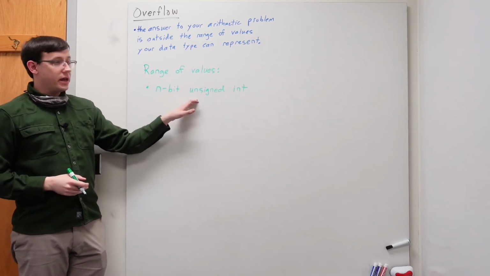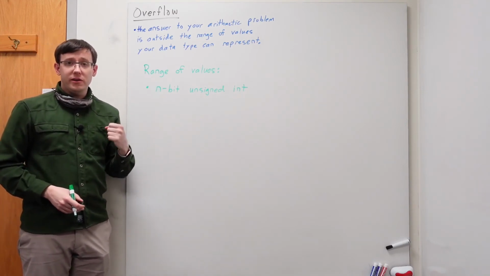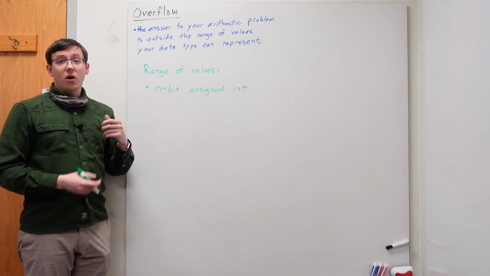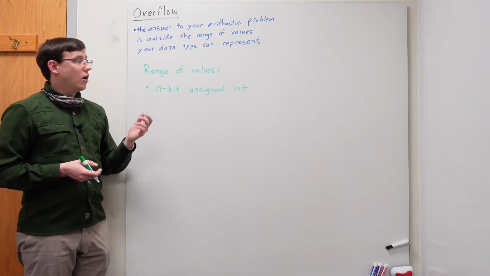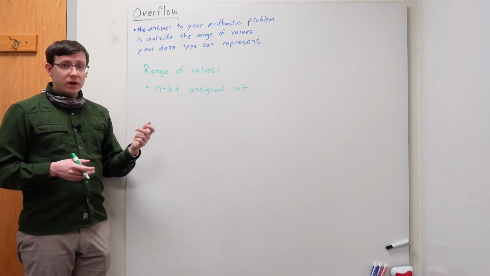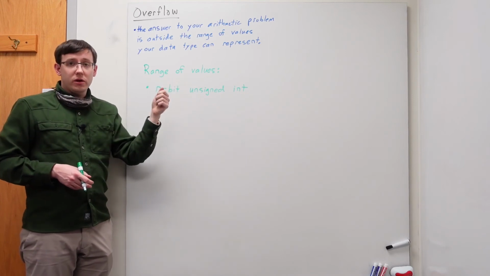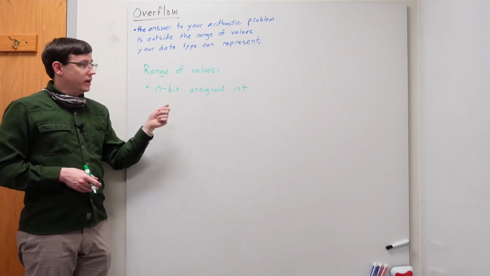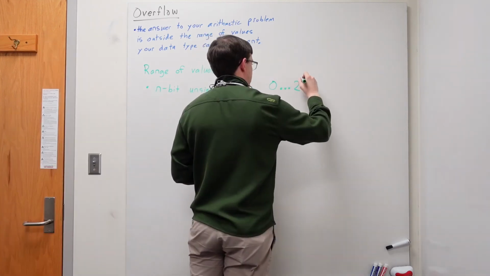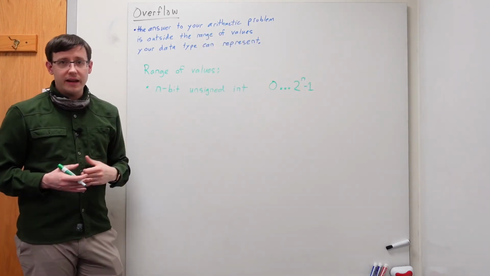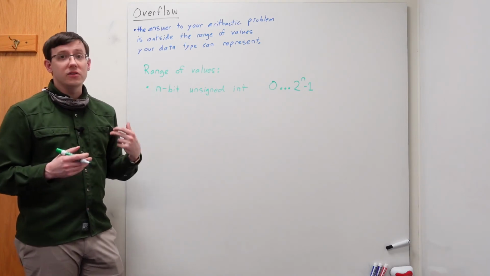If we have an unsigned integer type, then the smallest value we can represent is all zeros, and the largest value we can represent is all ones. All ones in an n-bit number is 1 less than a power of 2. In particular, it is 1 less than 2 to the n. If we're using a signed data type, then our range of possible values is centered on 0.